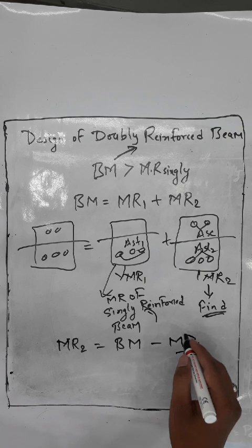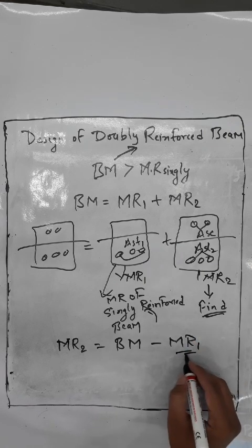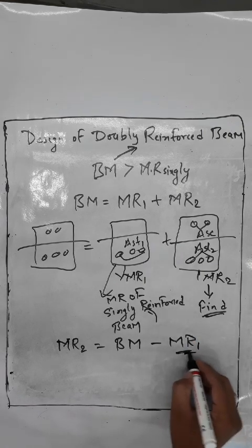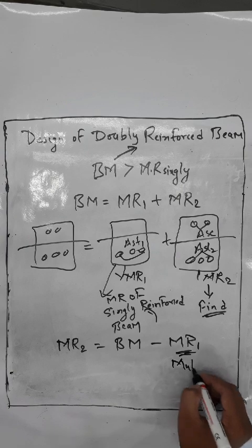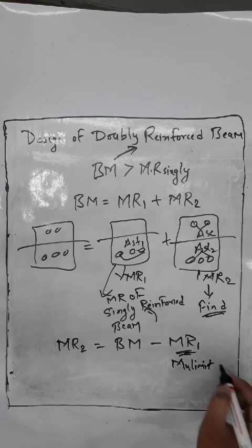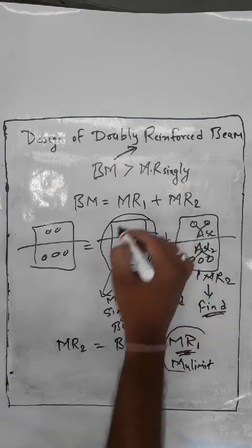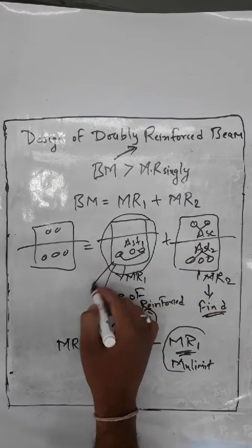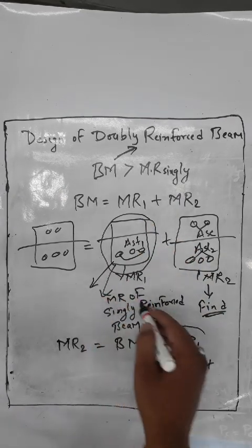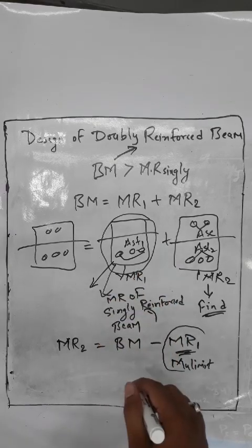So for finding the MR of the singly reinforced beam, what do we have to do? We put MR1 equal to MU limit. It means we solve this part as a balanced section, and we use the balanced section equation for finding the moment of resistance of this part 1.